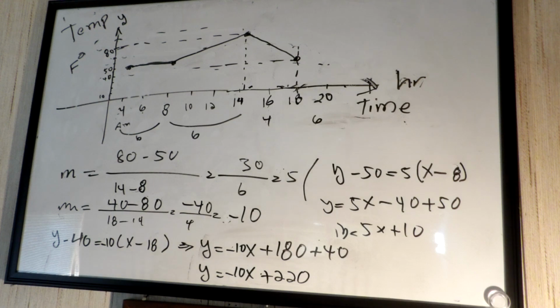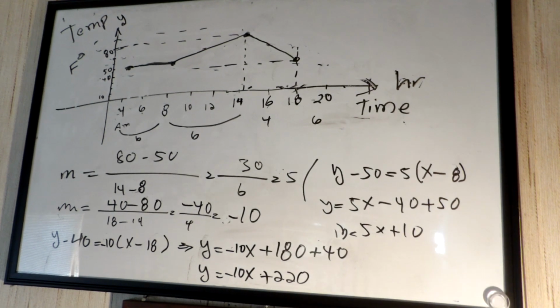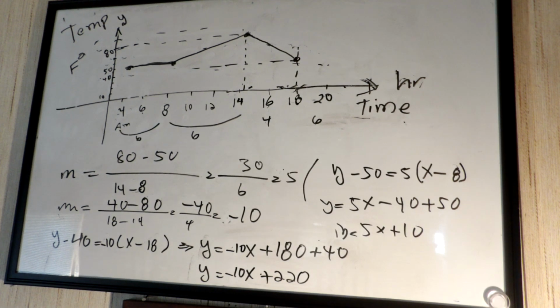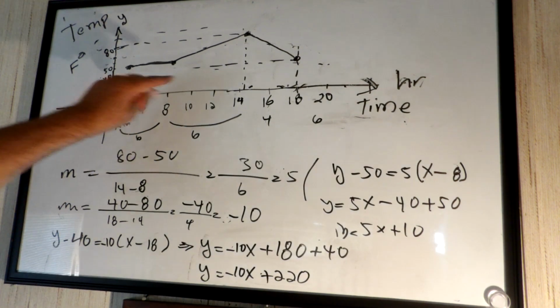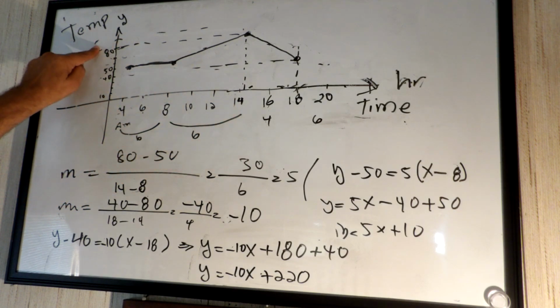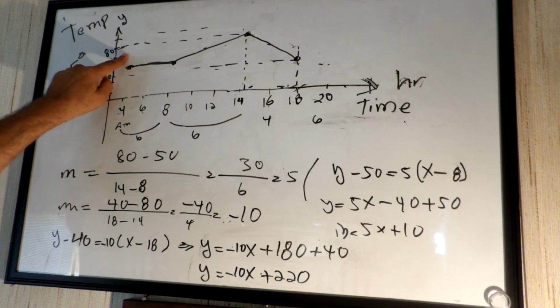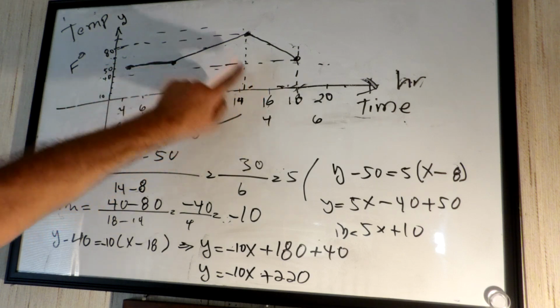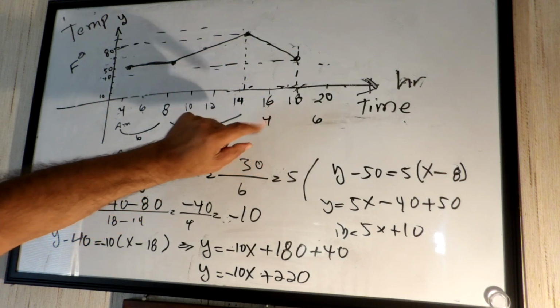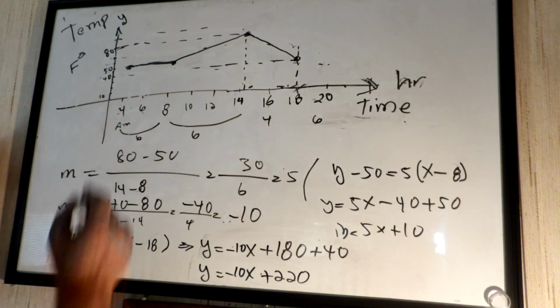We have Celsius, the degree in Celsius, the degree in Fahrenheit. So at 14, 2 p.m., it is going to be 80 degrees, and then at 18, which is 6 o'clock in the afternoon, it's going to get to 40.